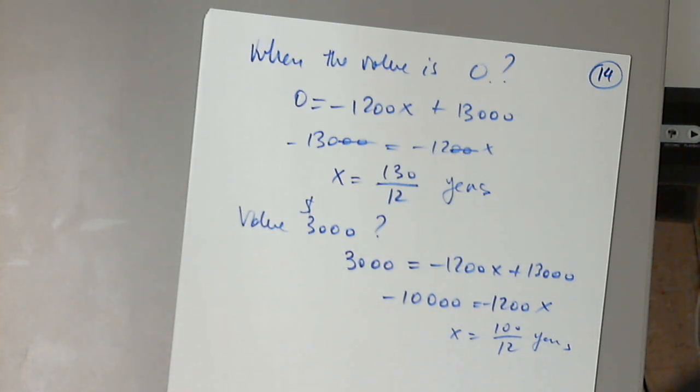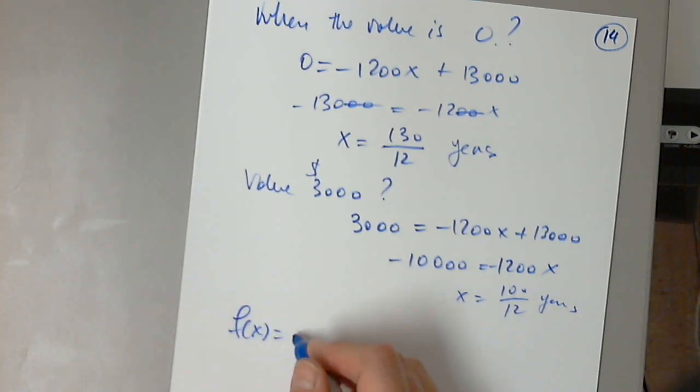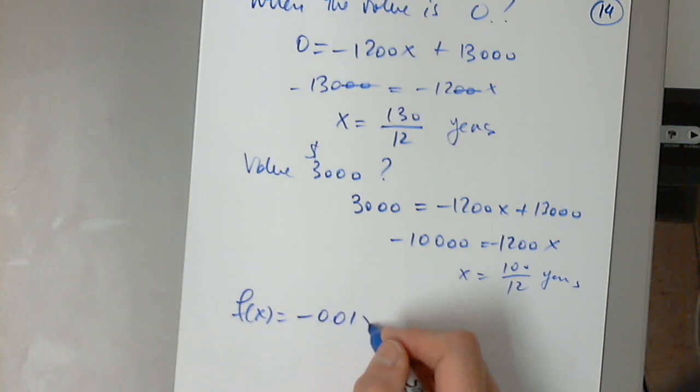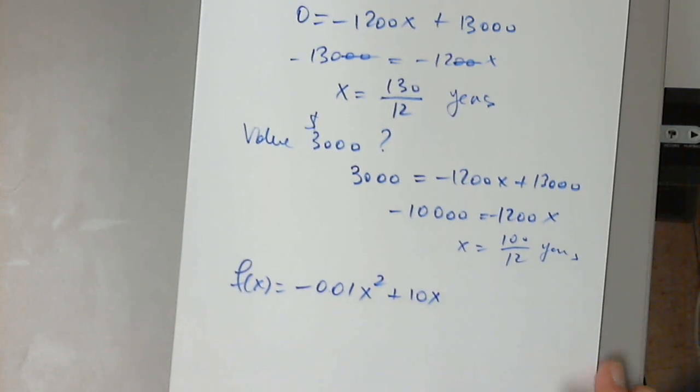So let's look at a function that has a maximum, which is, let's say, f of x equals negative 0.01x squared plus 10x. This is a quadratic function with a negative leading coefficient, which makes it have a vertex that is a maximum.